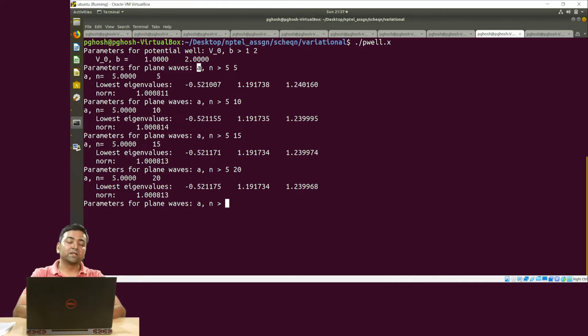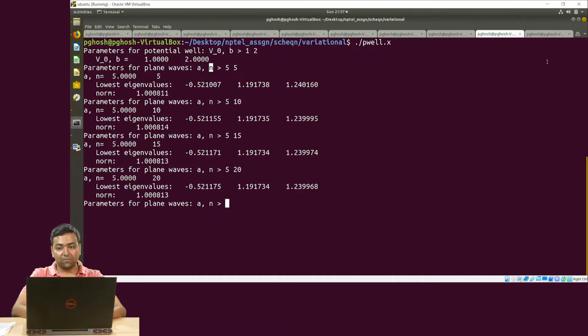Therefore, it is important to understand how my results will change as a function of this A value, and what a sufficiently large value of A is. To do that, I will now rerun the code by changing the values of A, that is this parameter, with a fixed number of plane waves.